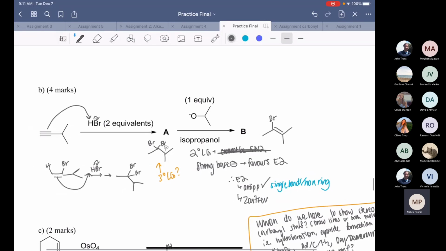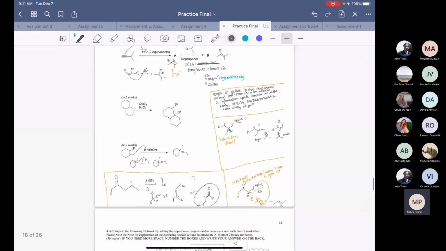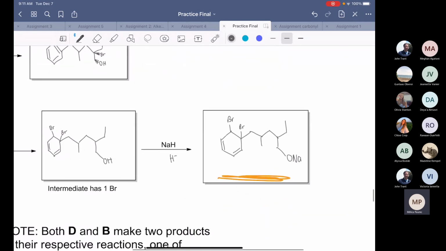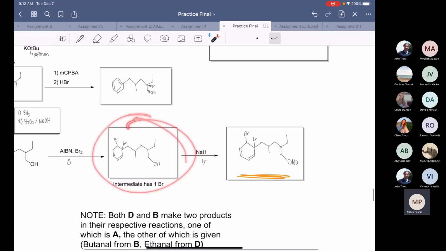Okay. I have just a couple questions. For this, is this the only thing that occurs with this molecule? Your starting material is wrong. Oh, this? Yeah.